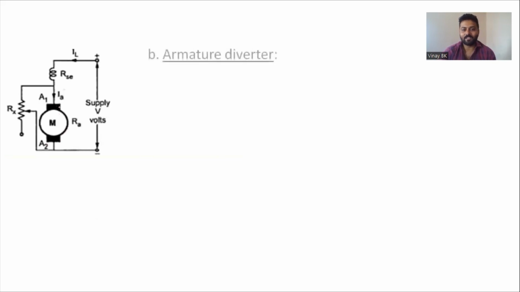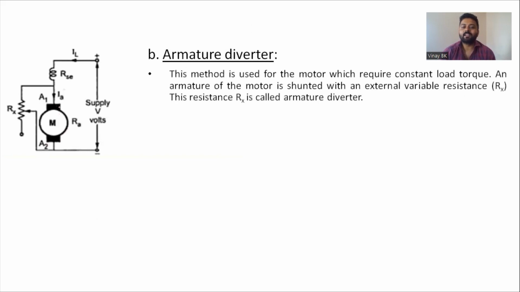So that is called armature diverter. You can see this method is used for the motor which requires only constant load torque, so the armature of the motor is shunted with an external rheostat or external variable resistance Rx. So this resistance Rx is called armature diverter.